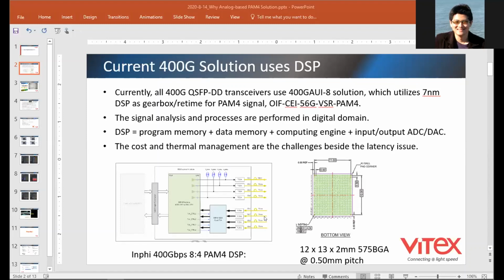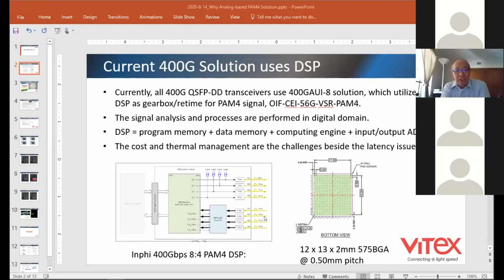And the DSP, why is it so powerful and so big? Simply because there are some main areas I want to point out. One is the program memory. The other one is the data memory. And also there is a computing engine, input, output, A to D and D to A. So that's why it comes out so big.